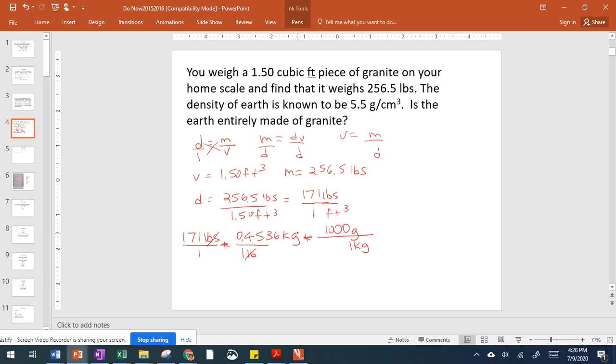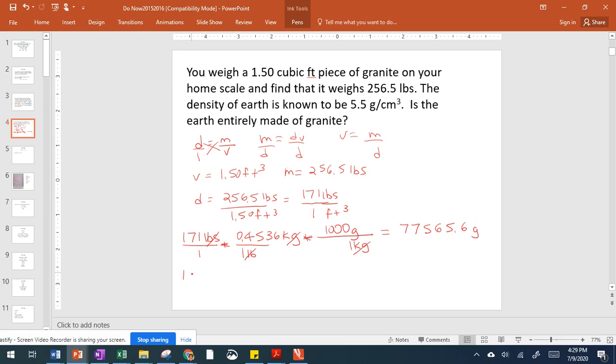Notice here, pounds cancel out, kilograms cancel out, and we're left with grams. So that's going to give us 171 times 0.4536 times 1,000, which is 77,565.6 grams.